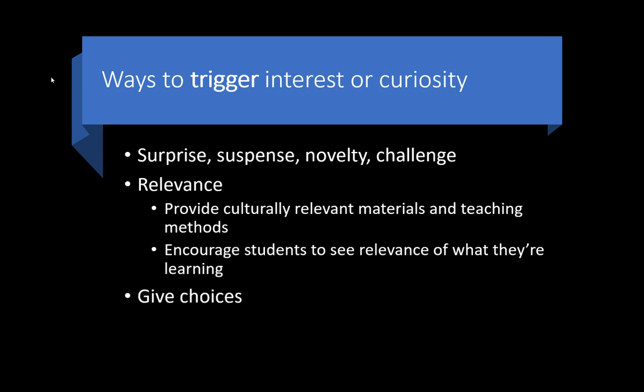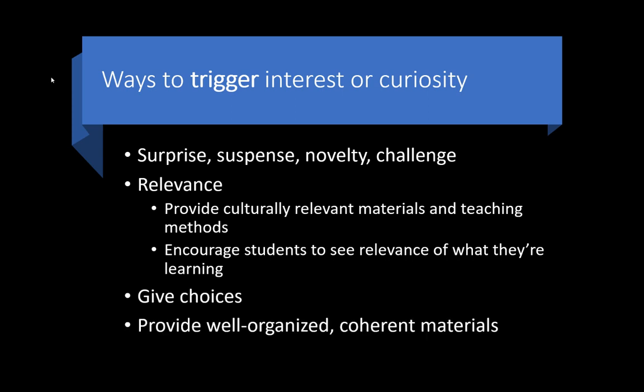Choice is a big one. Giving some but not too many choices. Too many choices often overwhelm, but a limited number of choices appropriate for the developmental age of the students has been shown to trigger interest, as well as providing organized, coherent materials. This has been studied most in terms of what students read and whether they find what they're reading interesting.